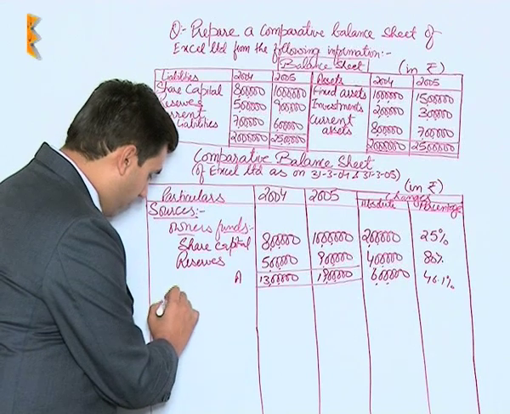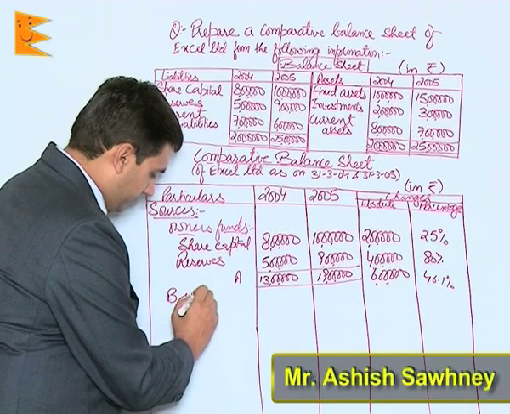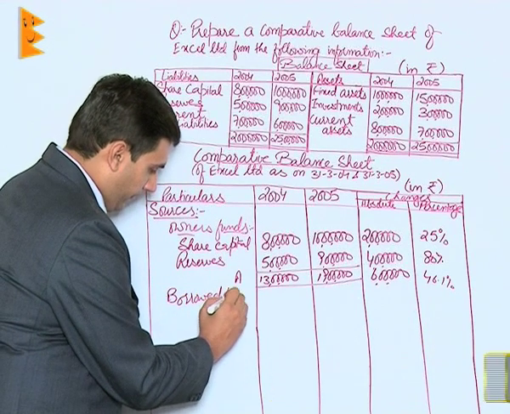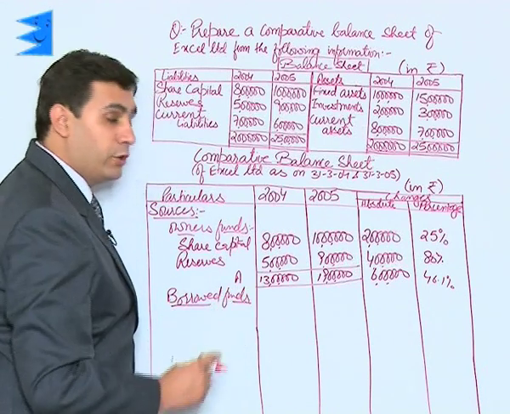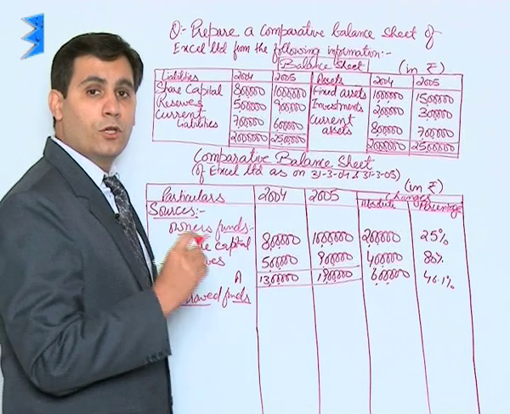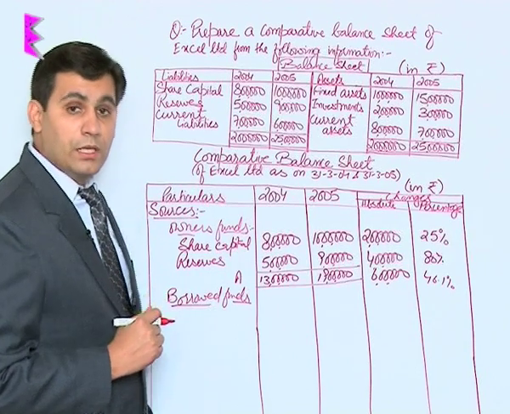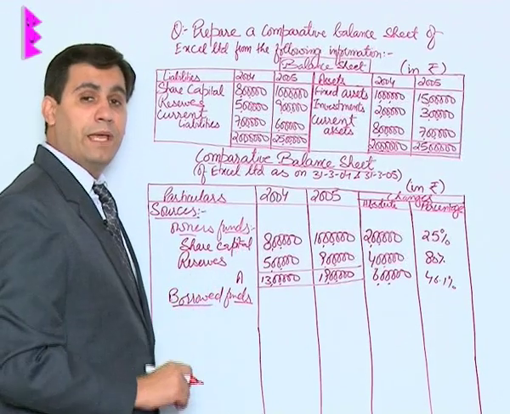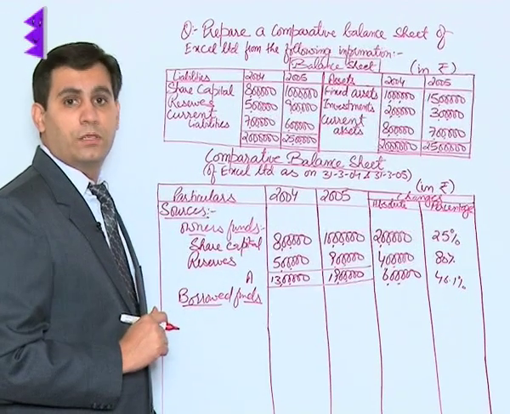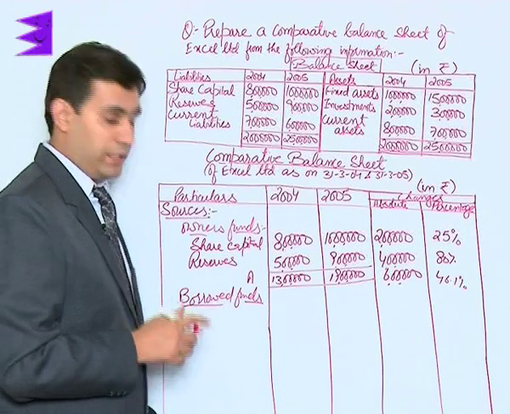Then we have borrowed funds. Borrowed funds again can be divided into two parts, that is secured and unsecured. But remember that in this case borrowed funds imply long-term funds, that is long-term liabilities.